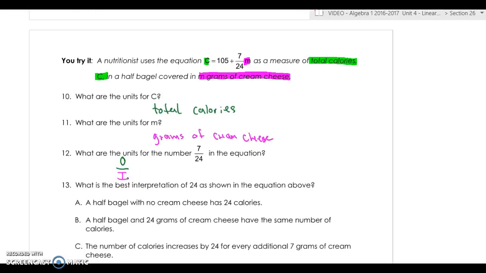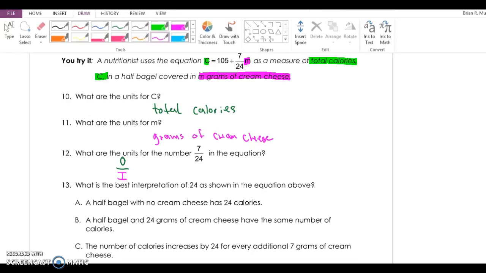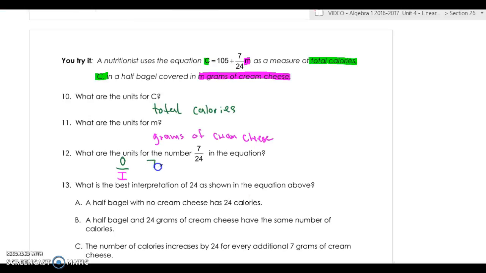So that 7 represents the output, that's the number of calories, so it's 7 calories per 24 grams. So then the units are just, regardless of number, calories per gram.